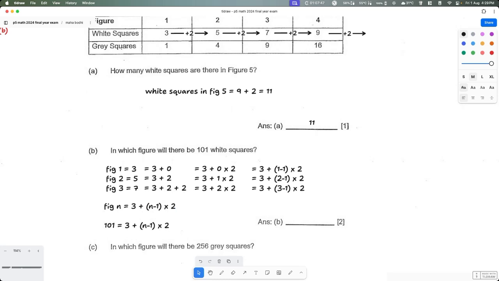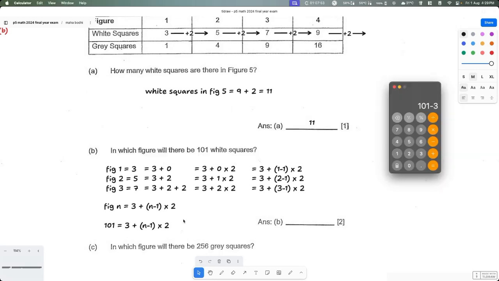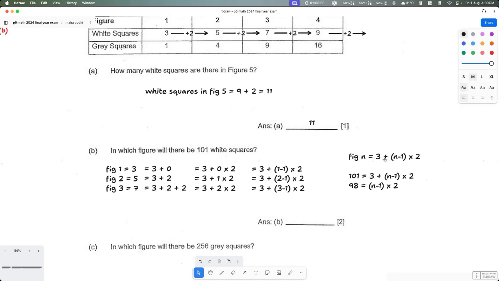So 101 minus 3 is equal to 98. So 98 is equal to bracket n minus 1 multiplied by 2. So then we can have 98 divided by 2 equal to n minus 1. 98 divided by 2 is 49, which is equal to n minus 1.